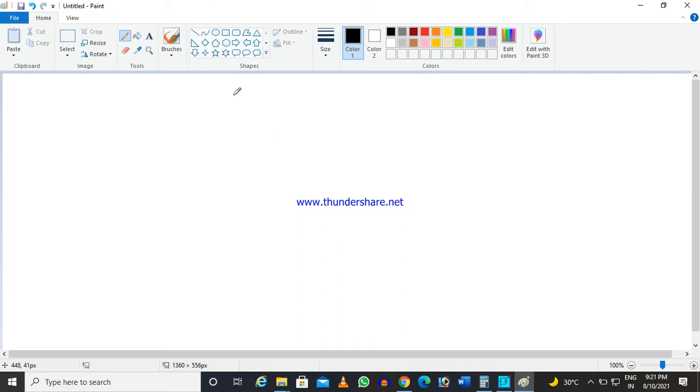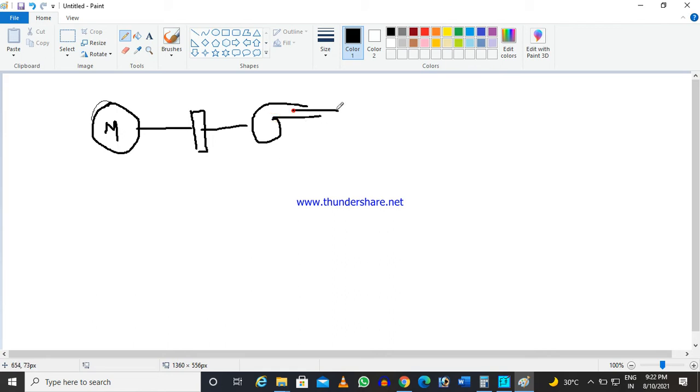There are a lot of advantages, but for this course, why I am telling this concept is this. This is my motor, my prime mover. My motor is coupled with one driven equipment, say a centrifugal pump, and here my 3-phase supply is there.